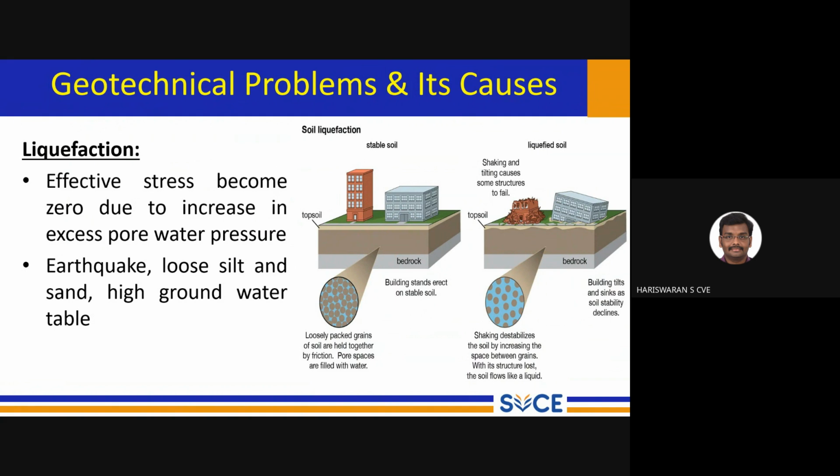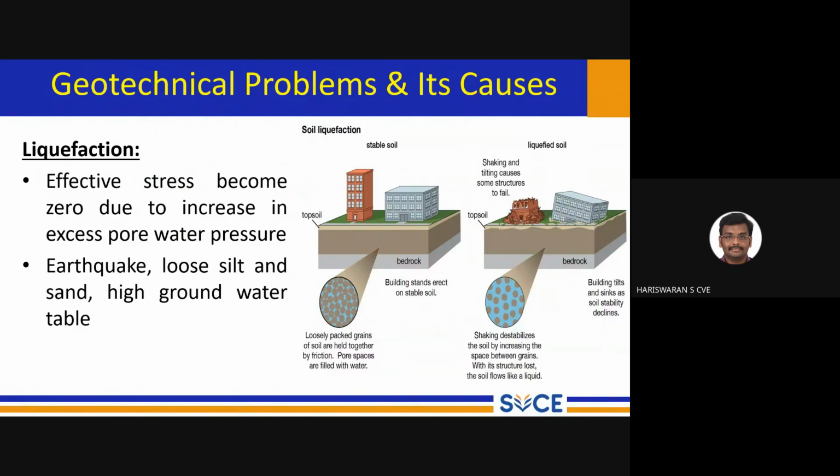When there is no contact between nearby particles, the effective stress is zero. When effective stress becomes zero due to the increase of pore water pressure, a condition called liquefaction occurs. This has a higher probability of happening if the construction site consists of loose silt or loose sand. Also, it occurs most predominantly if there is a water table near the structure.